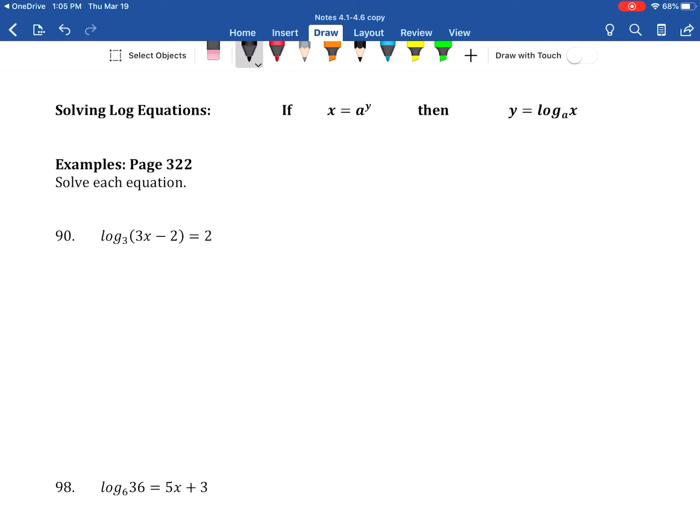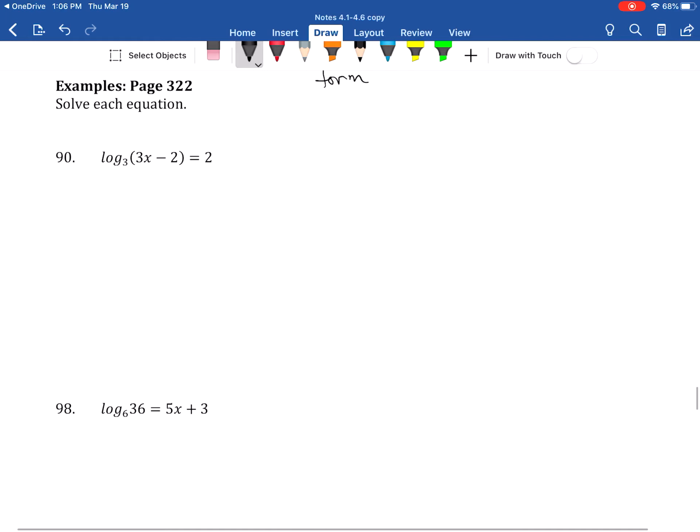Solving log equations is going to be using the concept of going between the exponential form and the log form. I'm referring to this first version as the exponential form and this other one as the log form, so when I refer to one or the other, you know what I'm trying to get to. Number 90 is in log form because of the presence of the word log.